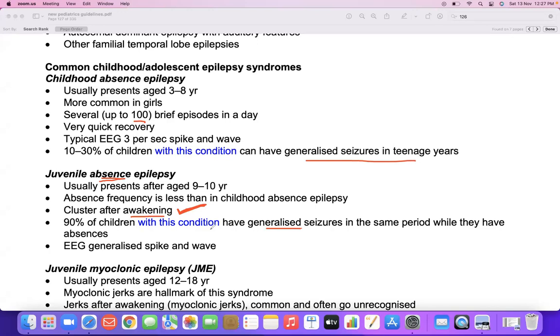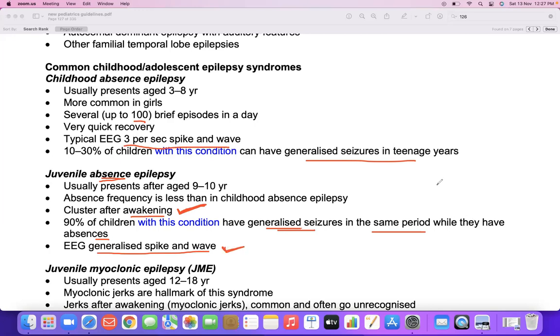So 90% of them will have absence and generalized seizures together. So EEG, generalized spike and wave. Here it will be a clear 3 per second spike and wave, but since they can have generalized seizures and absences together, they can have EEG with generalized spike and wave.